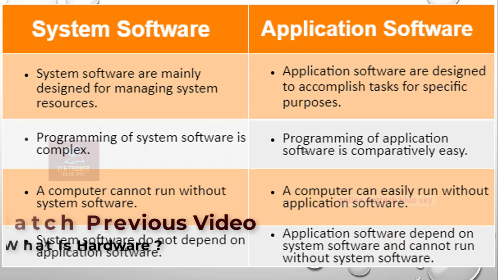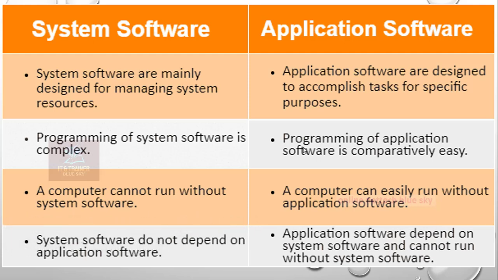How is it possible? For example, you install the Windows 10 operating system in your computer. I will discuss in a next video how to install an operating system. For now, we only understand why an application does not start without system software.